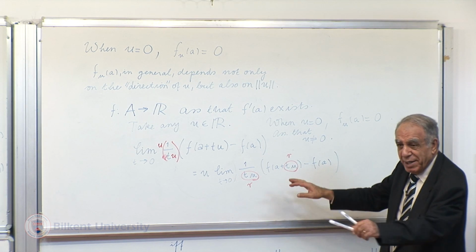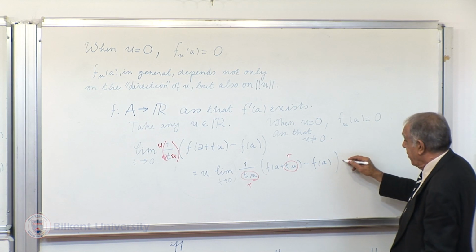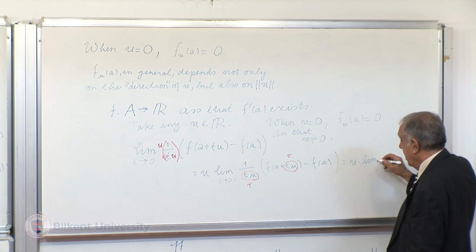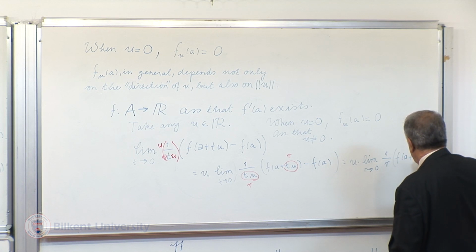So this is sloppy. This is the calculus way of doing things. Well, then this is u times the limit as r tends to 0 of 1 over r, f of a plus r minus f of a.